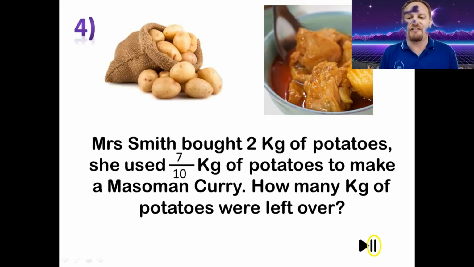How many kilograms of potatoes were left over? Okay, there's your key phrase, left over. What was the remainder? One other clue, guys, you need to turn the number 2 into a mixed number. Pause.